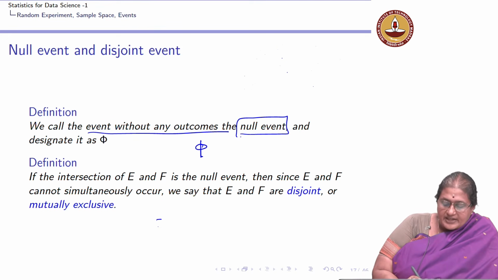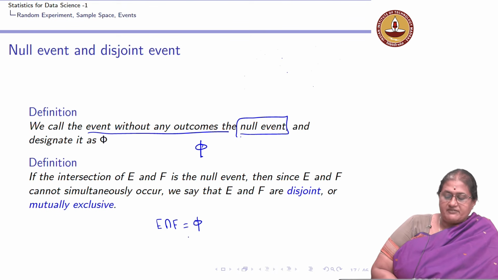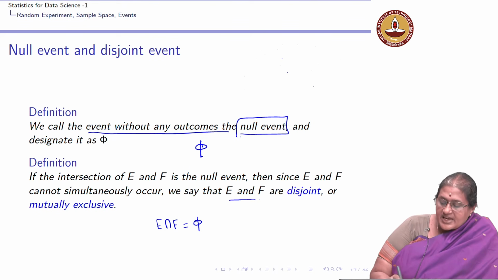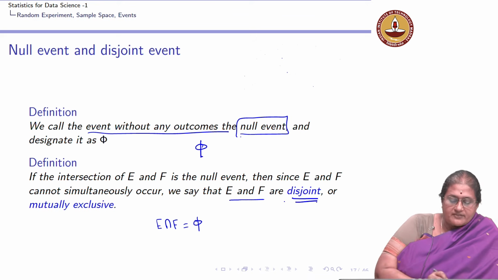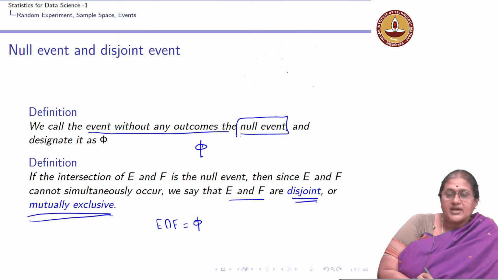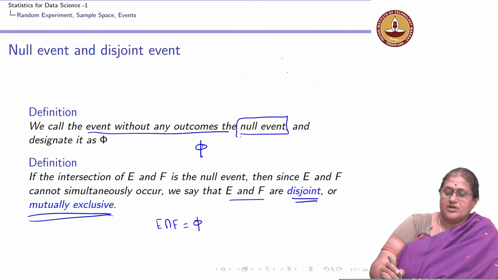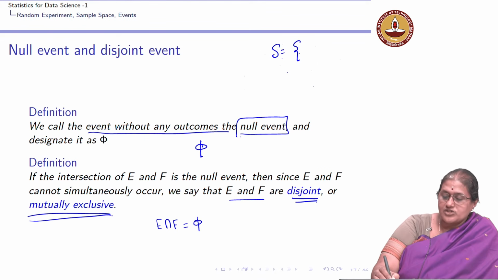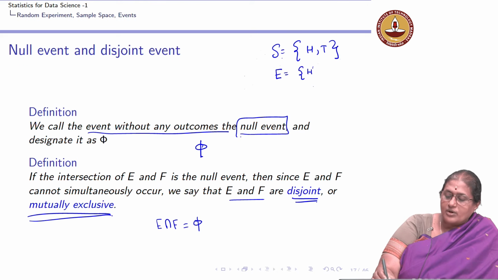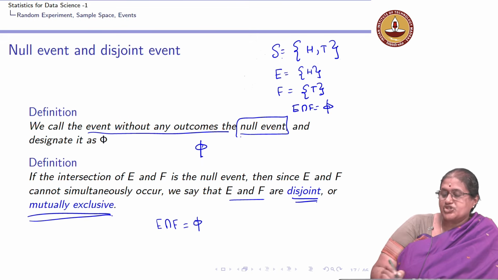So, if E intersection F is a null event, then we say E and F are disjoint events or mutually exclusive events. For example, I just toss a coin once and I have head or tail. I can define my event E to be the outcome of a head. I can define my event F to be the outcome of a tail. I can see that E intersection F is the null set, so E and F are disjoint.